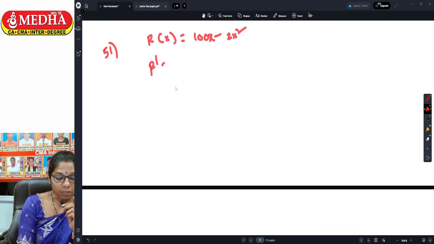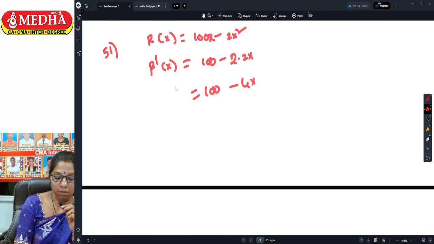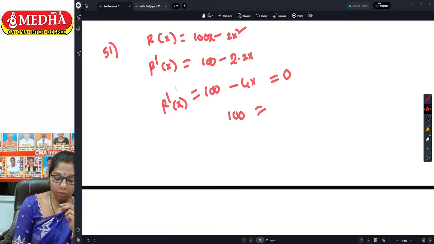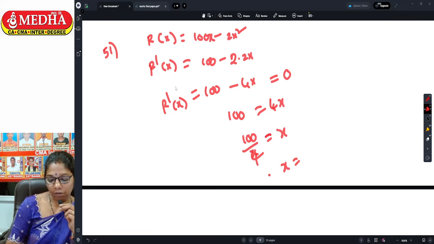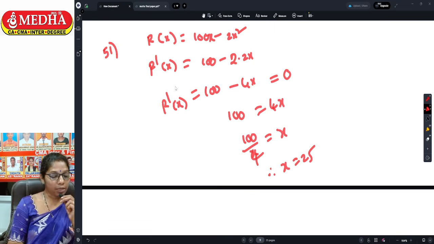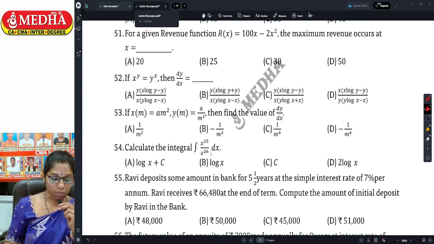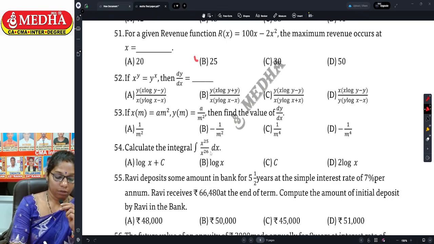Then R dash of x is equal to 100 minus 2 into 2x, that is 100 minus 4x, which is equal to 0. So 100 is equal to 4x, 100 by 4 is equal to x. So finally x is equal to 25, the revenue maximizing occurs at x is equal to 25. Solution is 25.